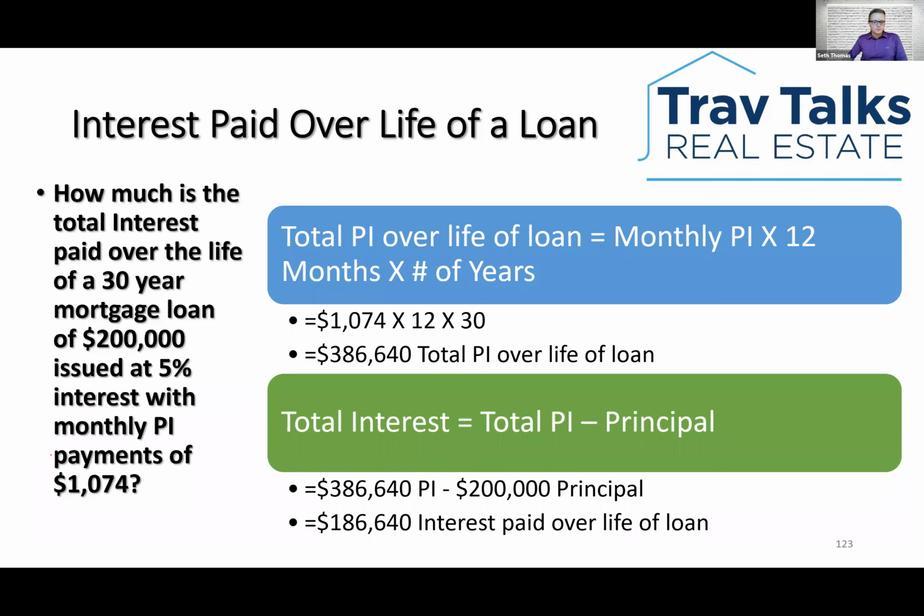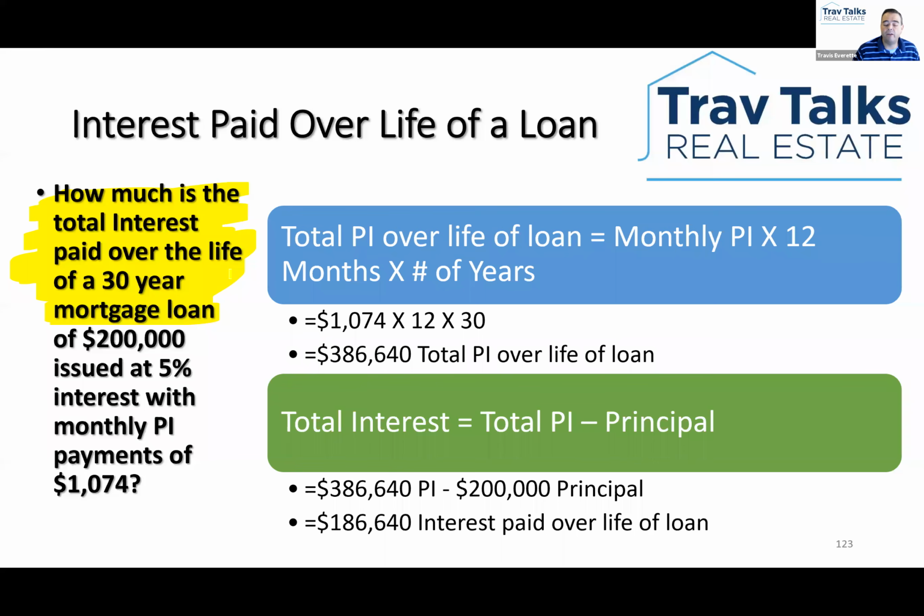The question they're more likely to ask you on the test, though, is this question right here. How much is the interest paid over the life of a 30-year loan? Folks, that's no harder than what we just did.